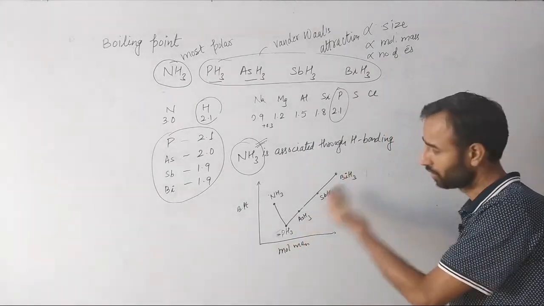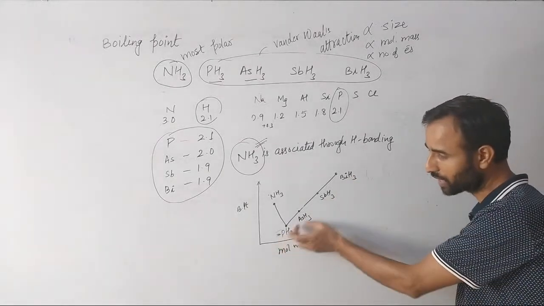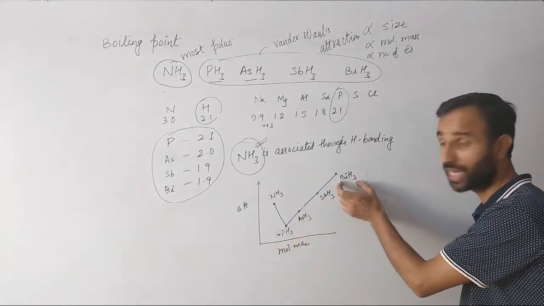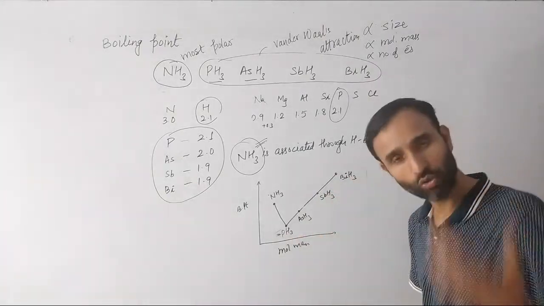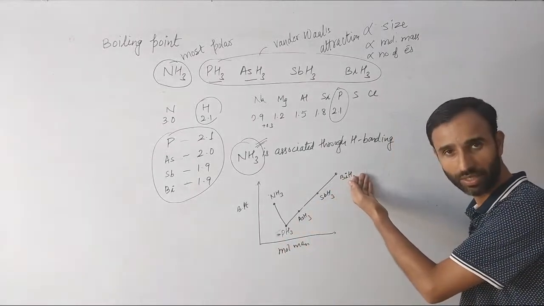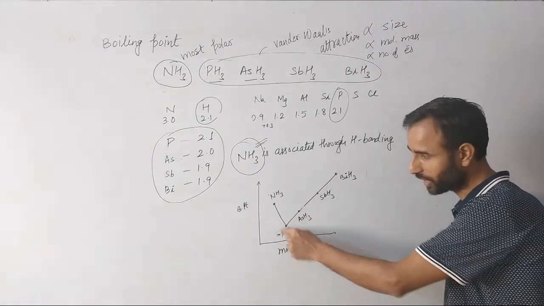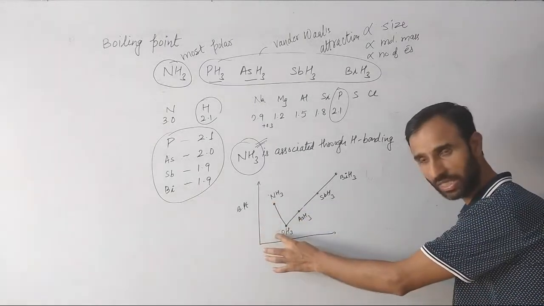increases, obviously their atomic mass increases, meaning overall PH3, AsH3, SbH3, BiH3, their molecular mass increases, and the number of electrons is also increasing. That's why van der Waals attractions are also increasing. So PH3 is nearby to NH3, therefore its boiling point decreases.